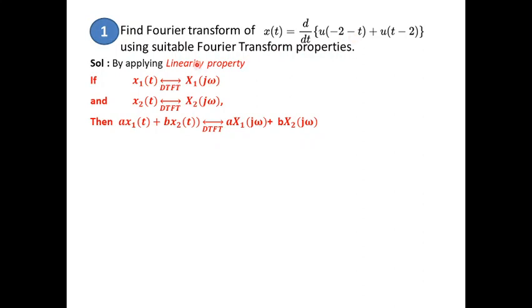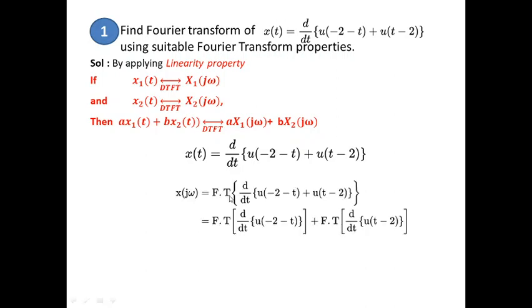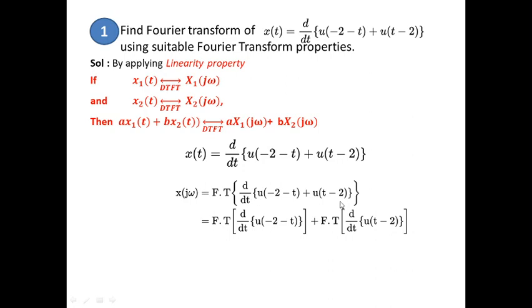So first, initially, by applying the linearity property, we know the linearity property, right? Then x of t can be written as d by dt of u of minus 2 minus t plus u of t minus 2. So x of j omega, the Fourier transform of x of t, is nothing but the Fourier transform of this entire expression.